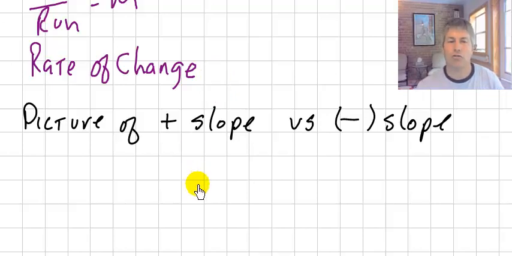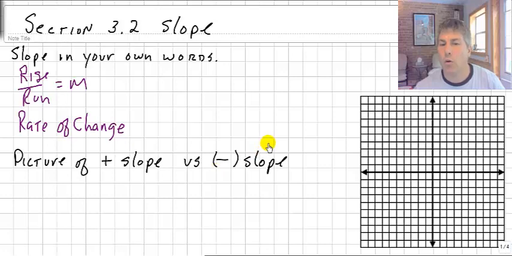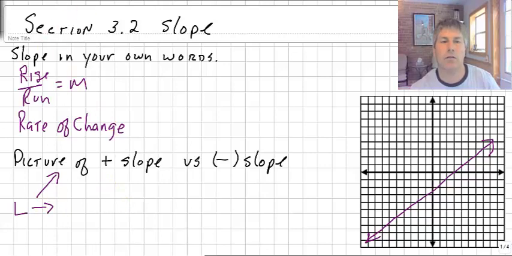Okay, so slope on the coordinate plane, on the Cartesian plane. A positive slope would be something that, as you read going from left to right, like that purple line, has a positive slope. So it's rising as you read from left to right. That would be a positive slope.